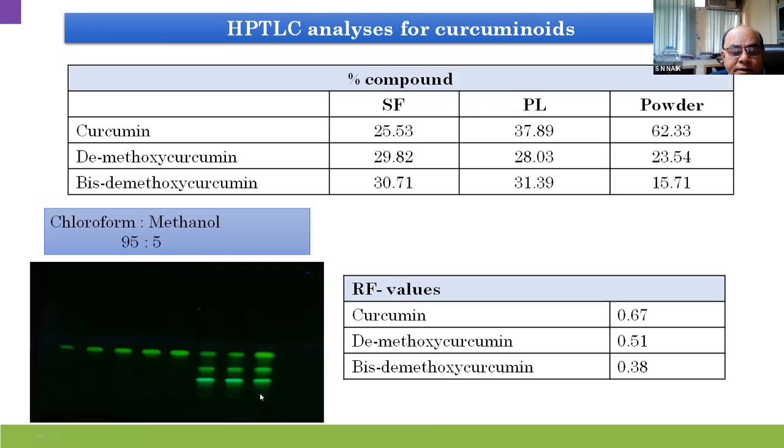And we have analyzed by HPTLC; there are three isomers: curcumin, demethoxycurcumin, bisdemethoxycurcumin. So basically your curcumin percentage is higher, around 66, 67, and the rest is the others. So this is supercritical with solvent, then pressurized liquid and all that.